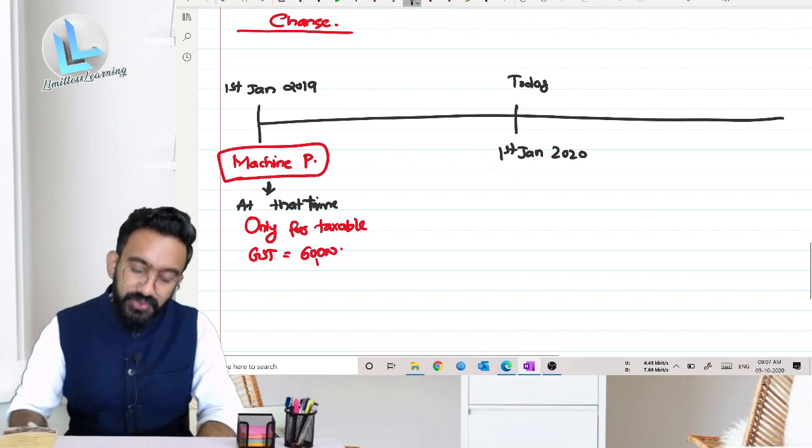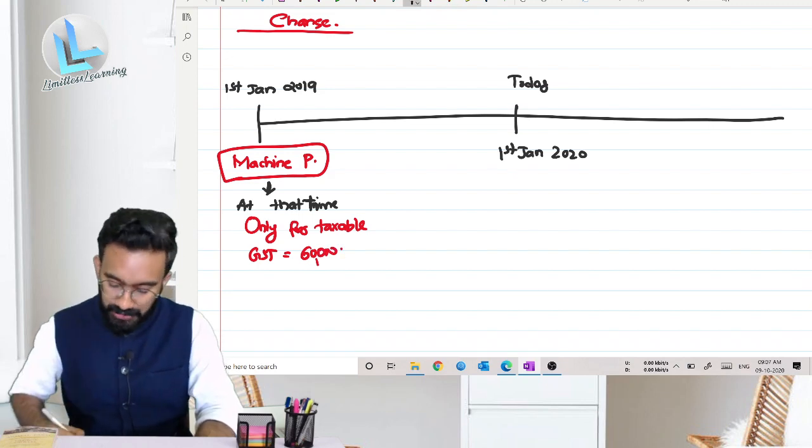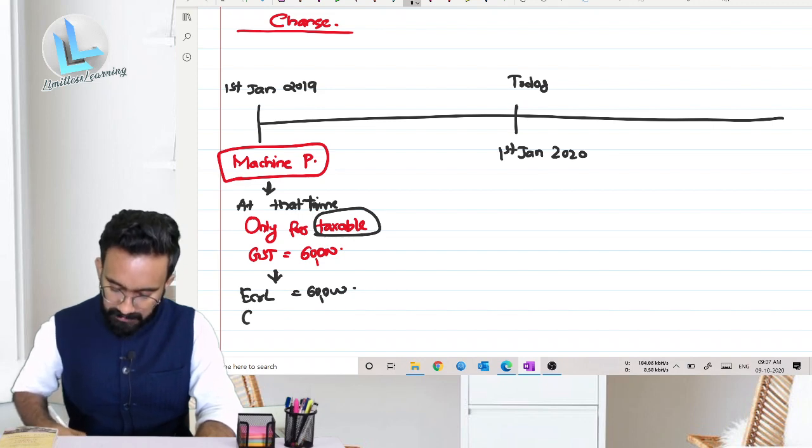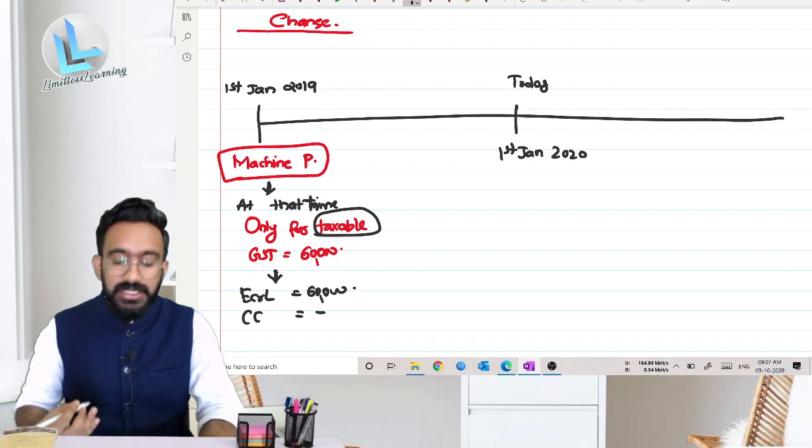You tell me what would have been the treatment at that point in time. This is fully used for taxable, so how much will be credited to the electronic credit ledger? Full 60,000. I'll give you the credit. Is something part of common credit? Nothing. Because it's fully used for taxable, I'm eligible for full credit.